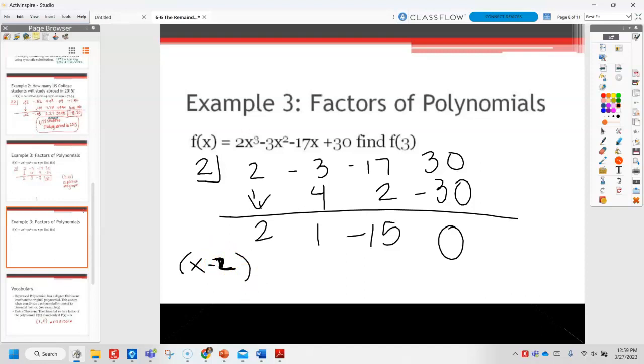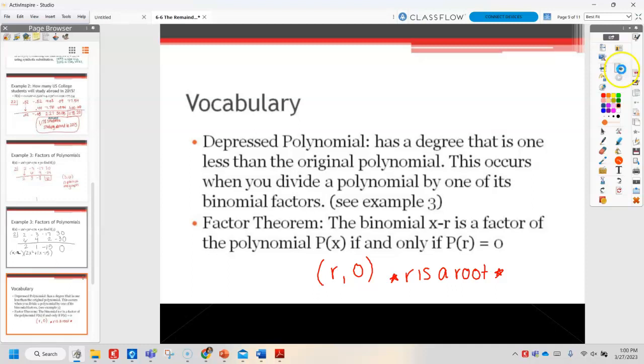Its remaining parts are 2x squared plus 1x minus 15. But because I already saw that x plus 3 was a factor, you would be able to factor this part again to find that third and final factor, because we already know 2 of them. And then we're going to start using these values to plot points on our graph. So everything comes full circle and you go back to graphing and factoring and everything together.